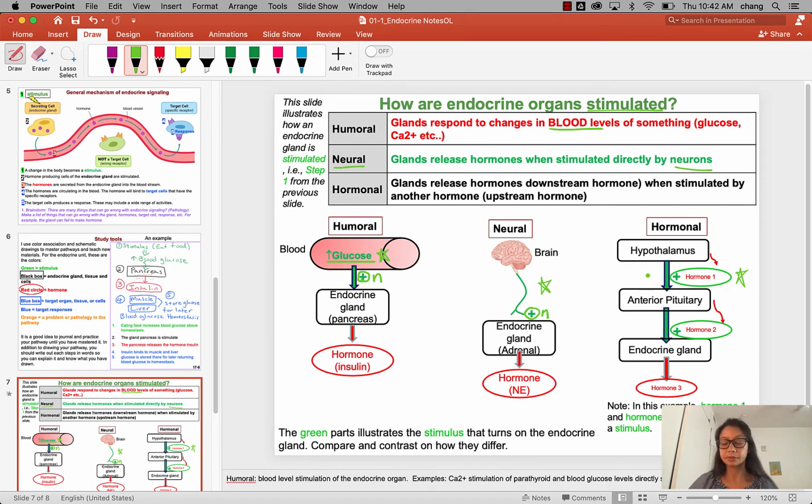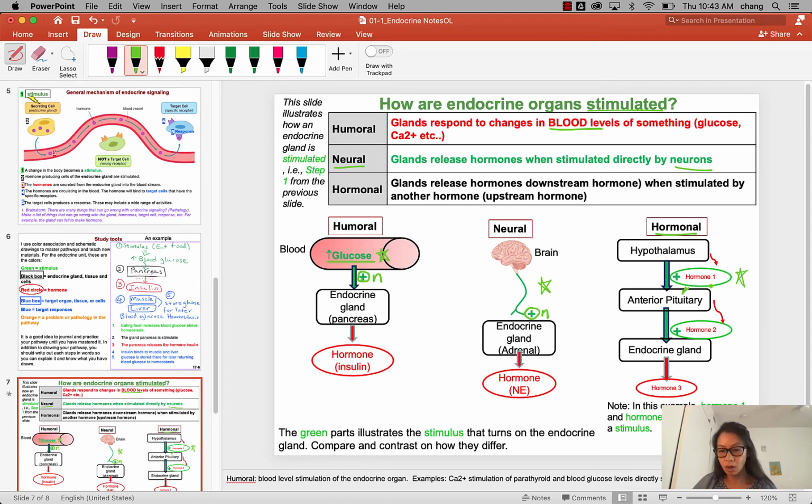The last one is the most confusing. I'm going to be spending the most time on it. A hormone itself can be a stimulus. In this case, the hormone is the stimulus, and that stimulus is hormonal. Let's do an example. Remember, I color coded this black box as a gland. So a gland releases a hormone we're going to call hormone 1. Hormone 1 comes to the anterior pituitary here and turns that on.